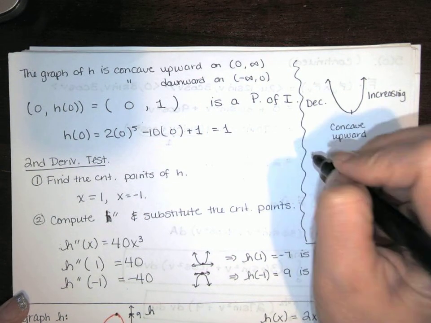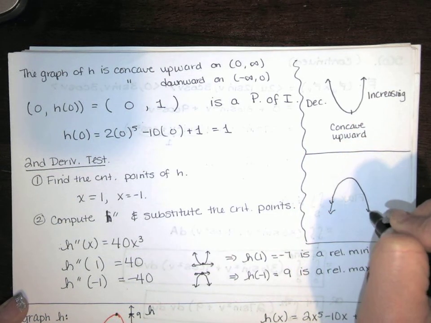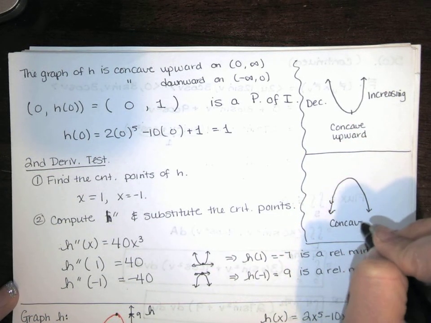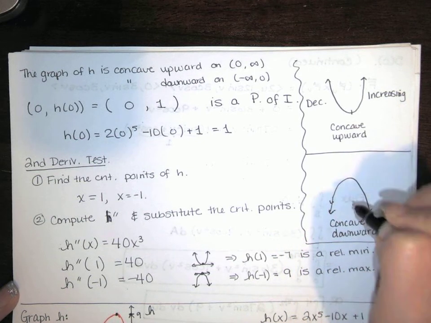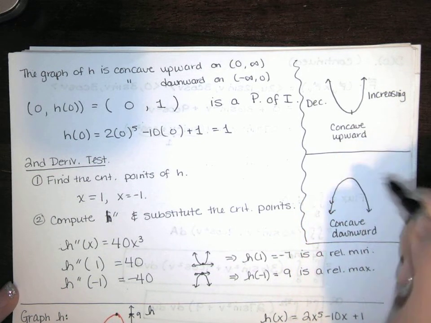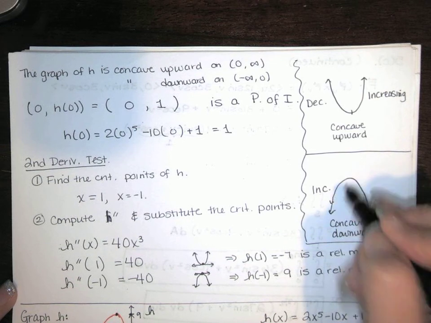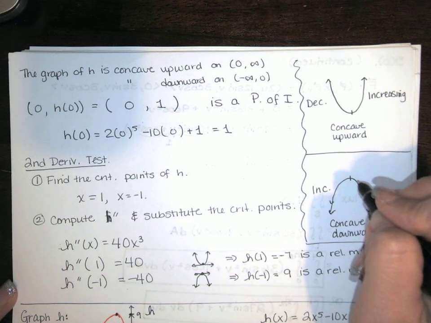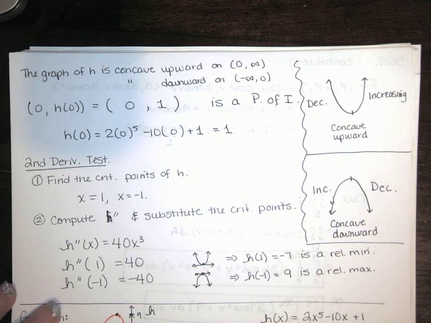So you can be decreasing in concave upward at the same time, or you can be increasing in concave upward. And the same is true with concave downward. If the graph is concave downward and it looks like this, it's still possible for that curve to be curving down while the function's increasing. You're just increasing like that. Or it's possible for the function to be decreasing and the curve to be sort of curving down.